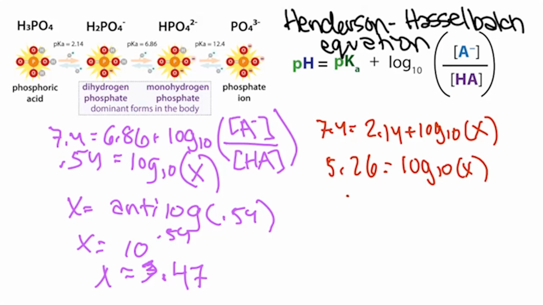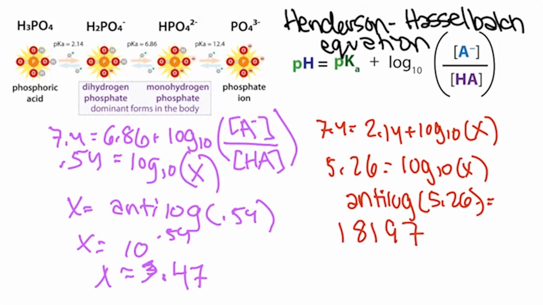And again, if we take the anti-log of 5.26, what we get is 181,970.